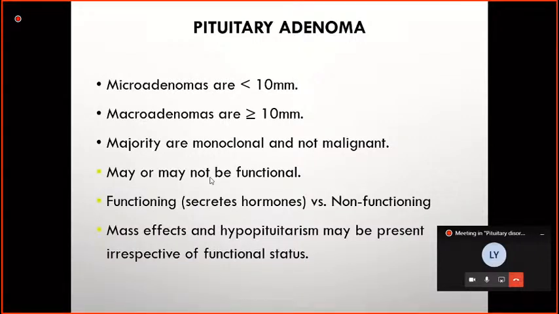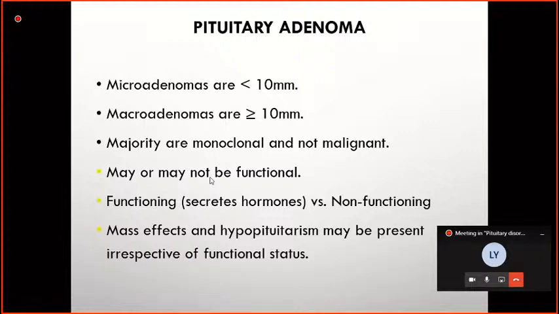It can be a non-functional adenoma, in which it's just an increased number of cells with a mass. That's all. It doesn't produce an excessive amount of hormone. So you have to bear in mind whenever we talk about pituitary adenoma, it's not always functional.